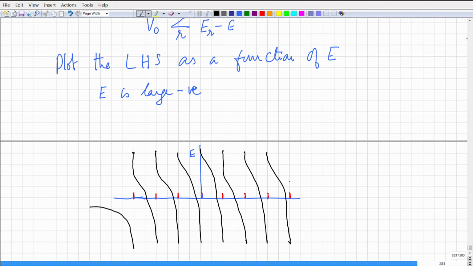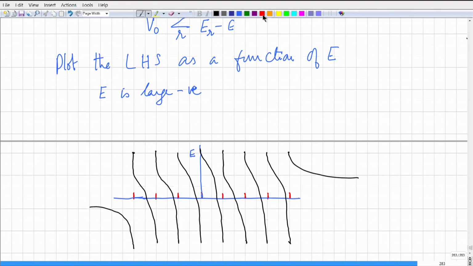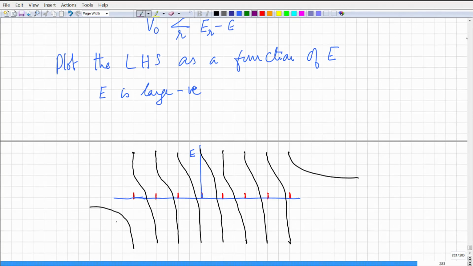If this is the highest eigenvalue, it changes sign and stays that way, positive. And then we have V naught, the right hand side is just this quantity, so just this plot. So, that is minus 1.